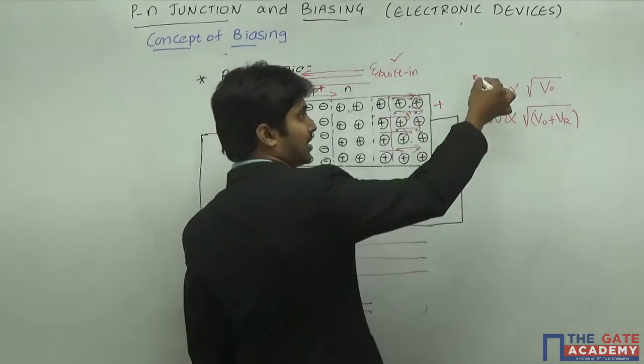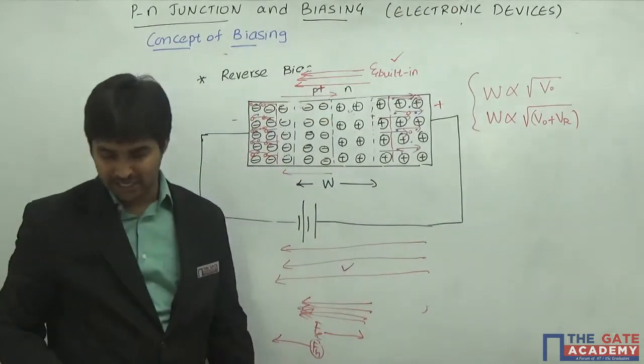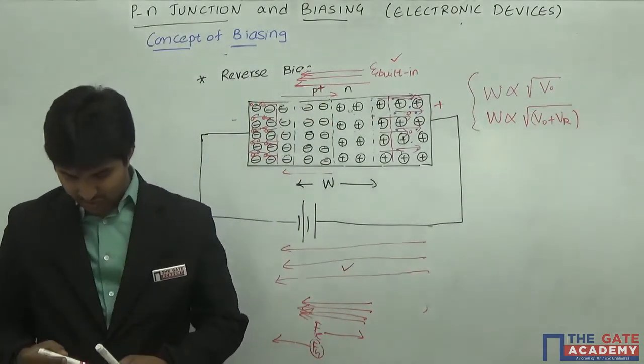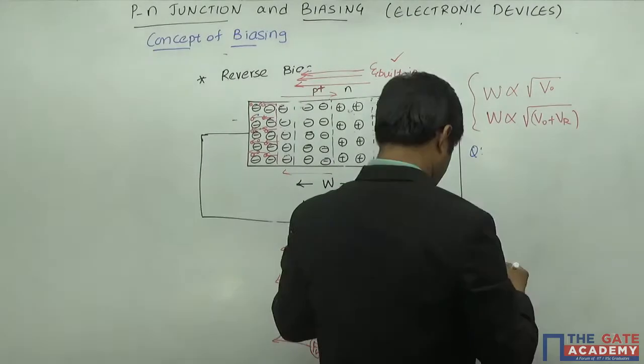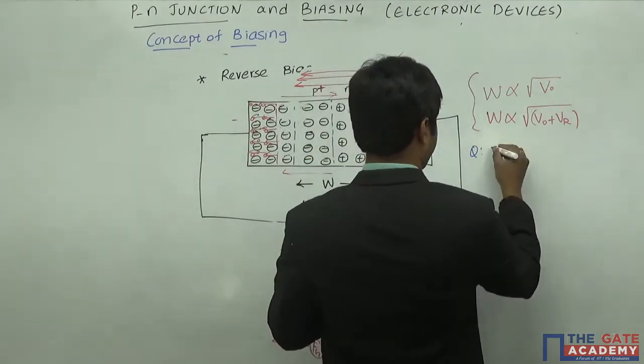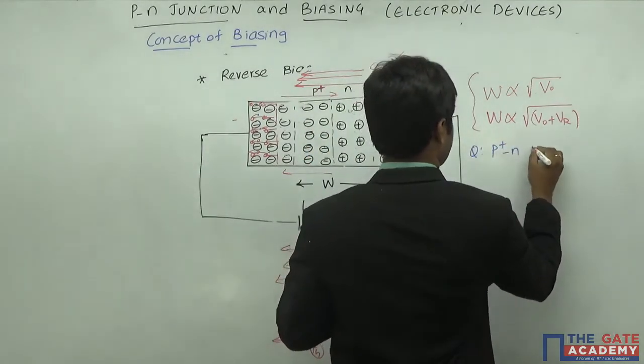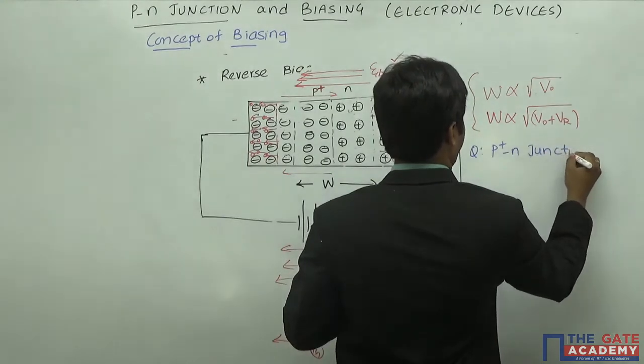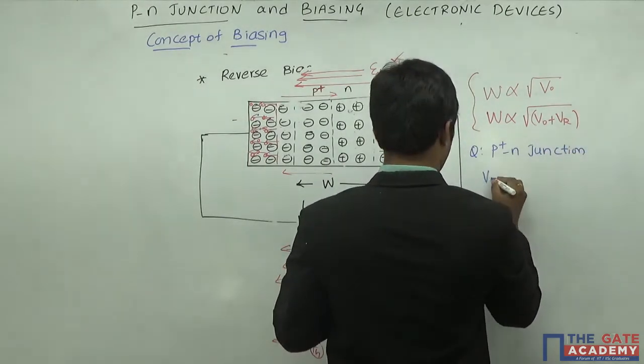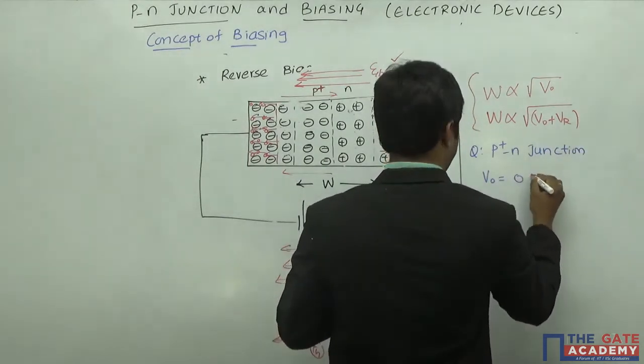Now based on this particular concept, a problem has been asked in GATE. So let us try to solve that particular problem. Given a P plus N junction, V naught, the built-in potential, is 0.8 volts.